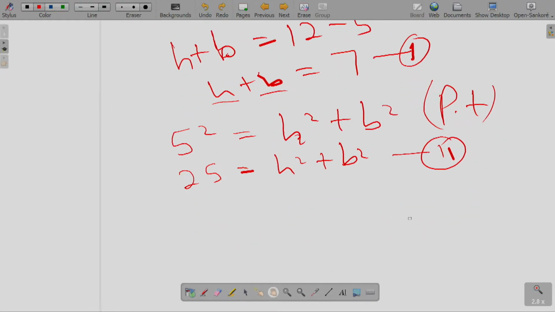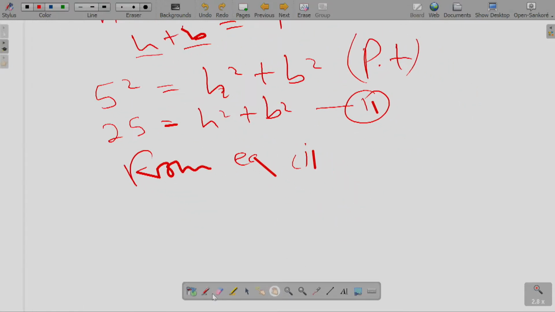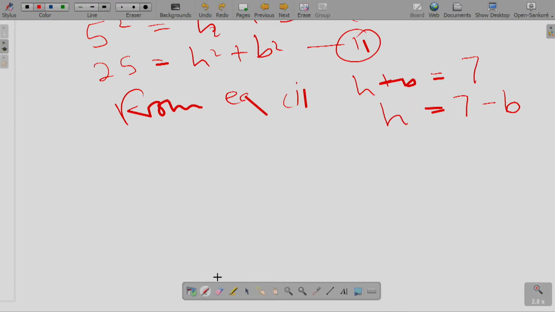So let's make h the subject from the first equation. From equation 1, h plus b is equal to 7, so h is equal to 7 minus b. Let's substitute the value of h into the second equation.